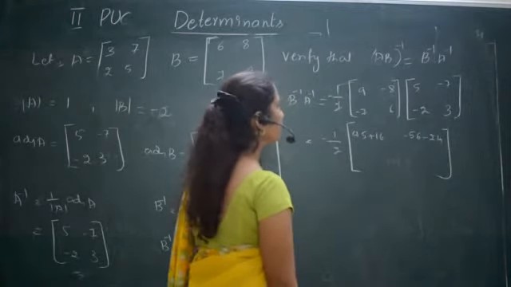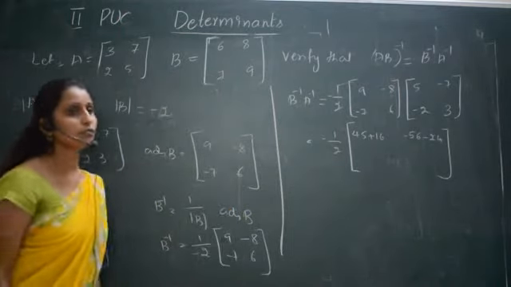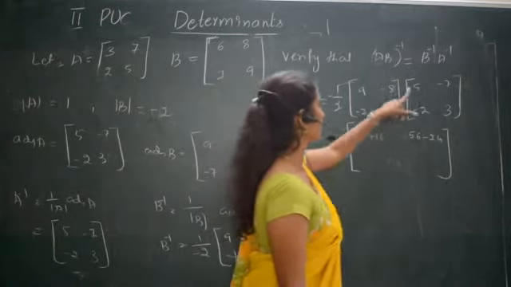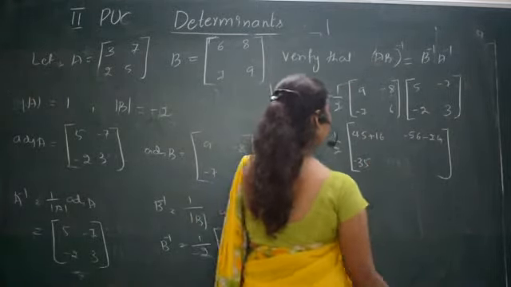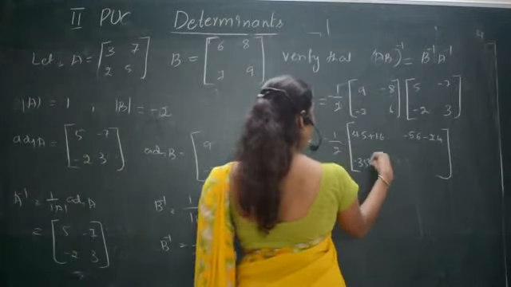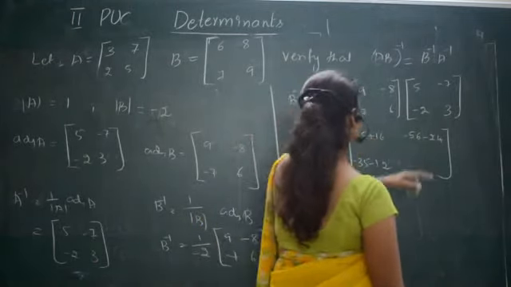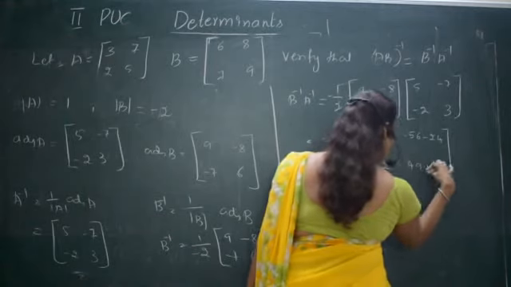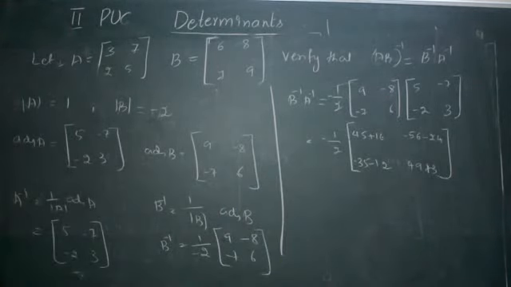Then minus 7 into 5 is minus 35, then 6 into minus 2 is minus 12, then minus 7 into minus 7 is 49.